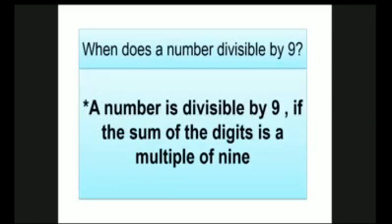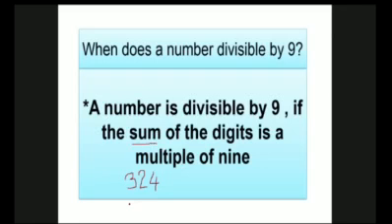Now may we go to the 9. A number is divisible by 9 if the sum of the digits is a multiple of 9. Let's try. For example, we have 324. It says here the sum of the digits.